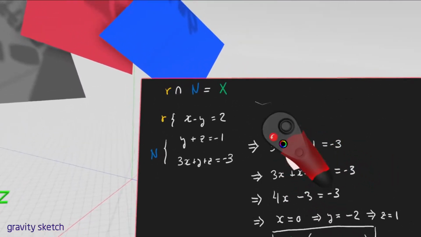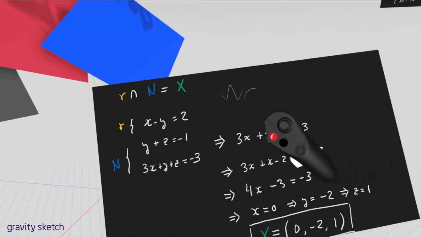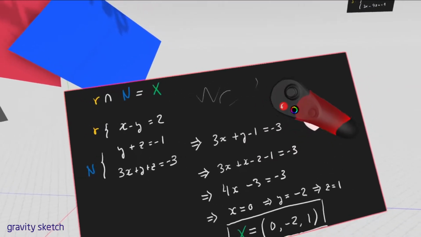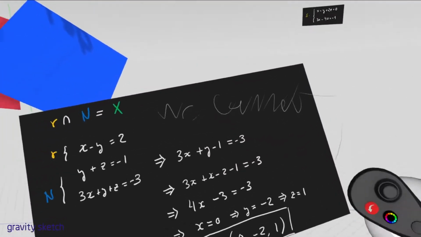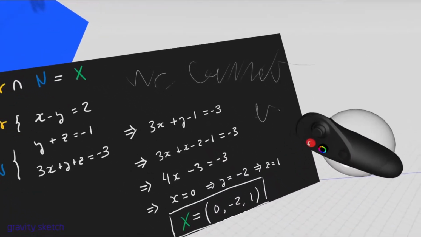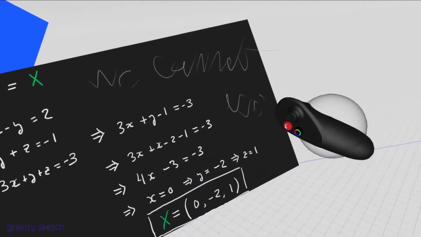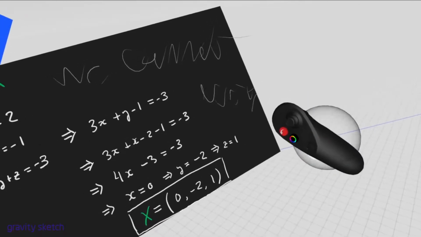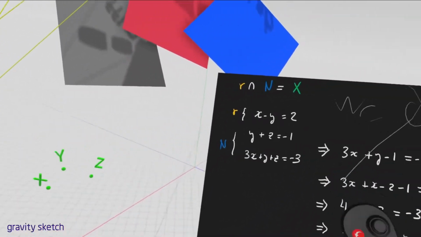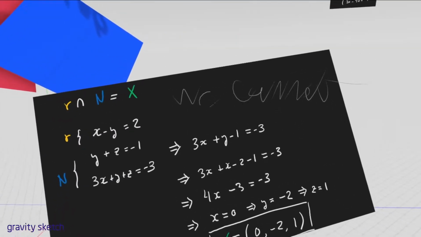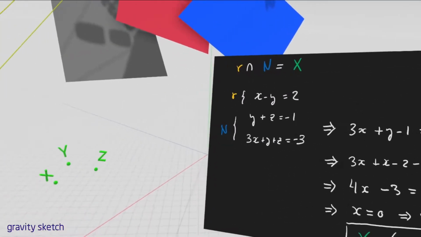So I have this weird 3D writing, but it should be fairly easy to implement to write on the blackboard. So let me just delete this.